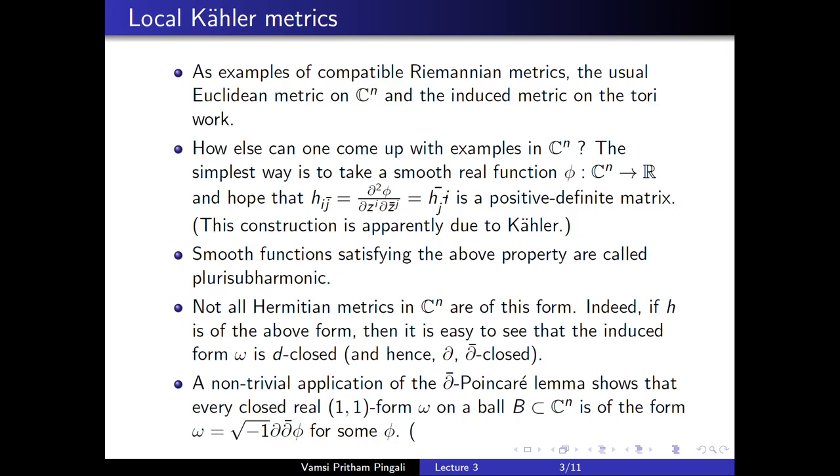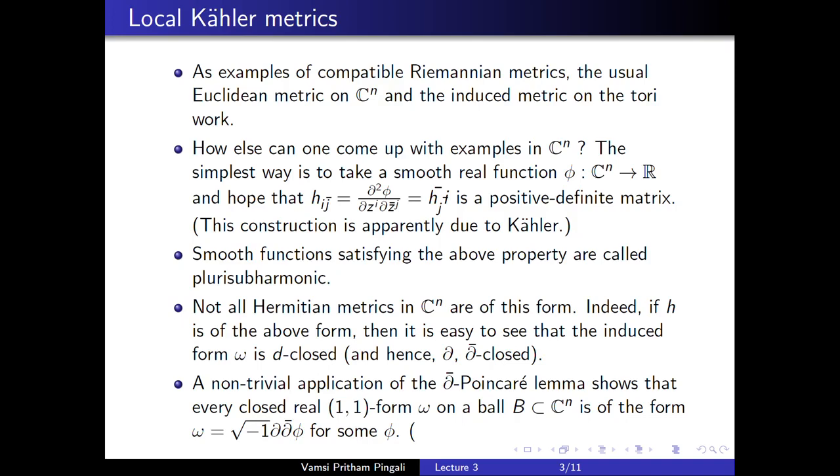First of all, remember the Poincaré lemma in usual differential geometry, namely closed forms on balls are exact. There's a version of that for the ∂̄ operator, namely ∂̄-closed forms on a ball are ∂̄-exact. It's not trivial to prove, by the way. It's not as straightforward as in the real context.